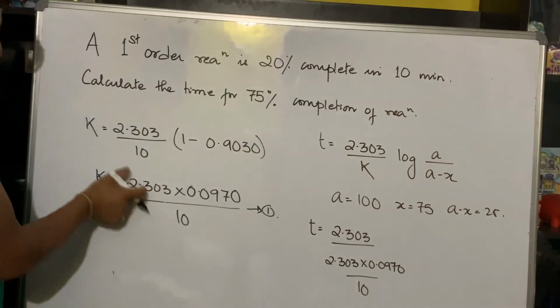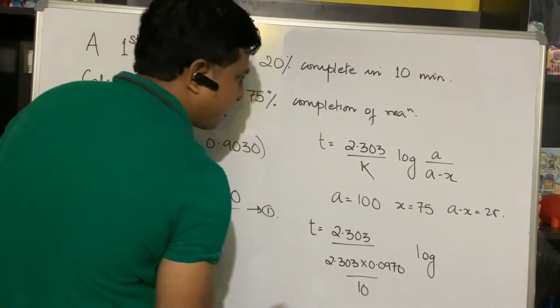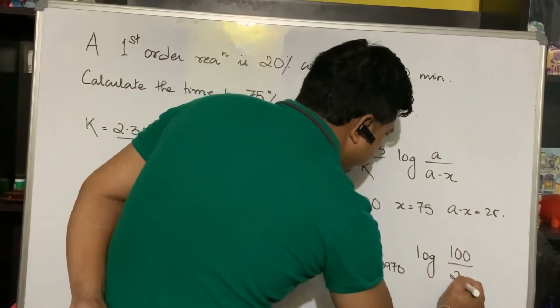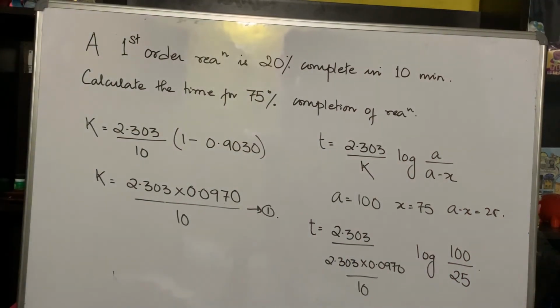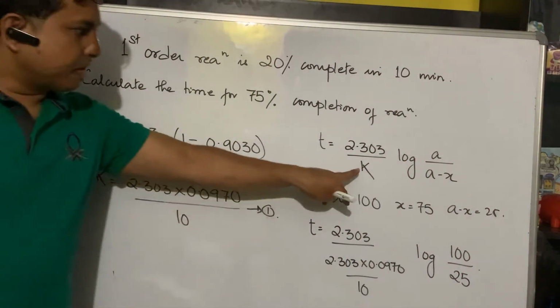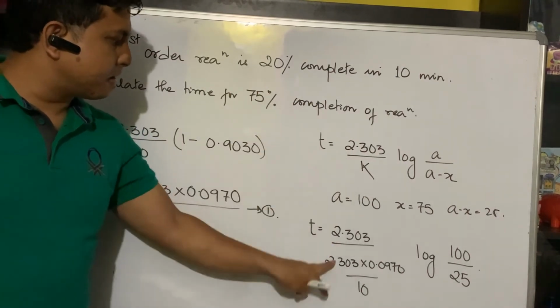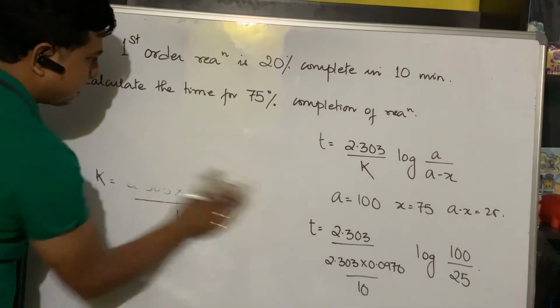I have substituted the value of K out here. So this will be log 100 by 25. So what have I done out here? I am using the same integrated rate expression and from the first part I have substituted the value of K. That's it.